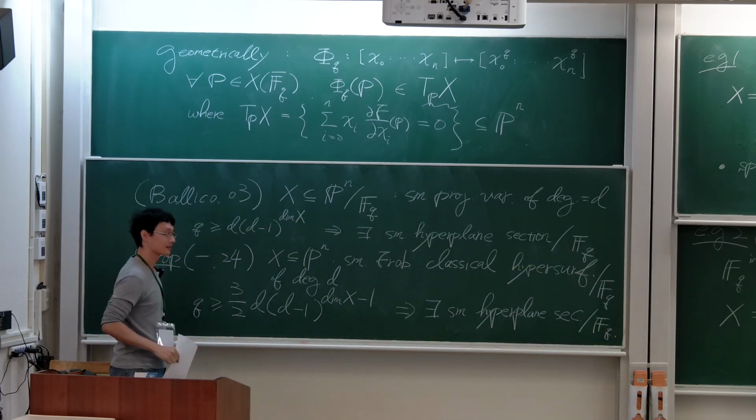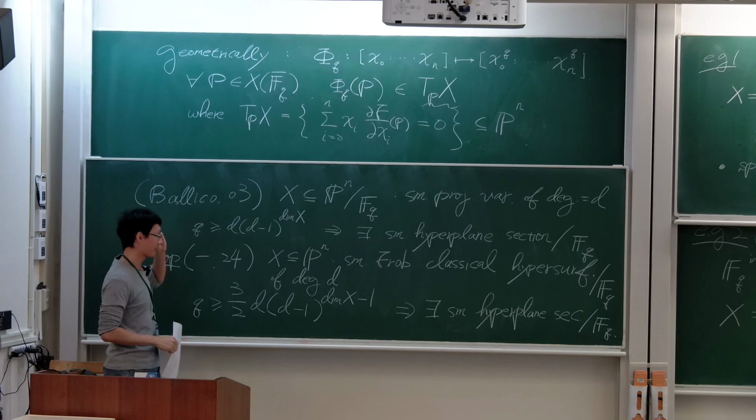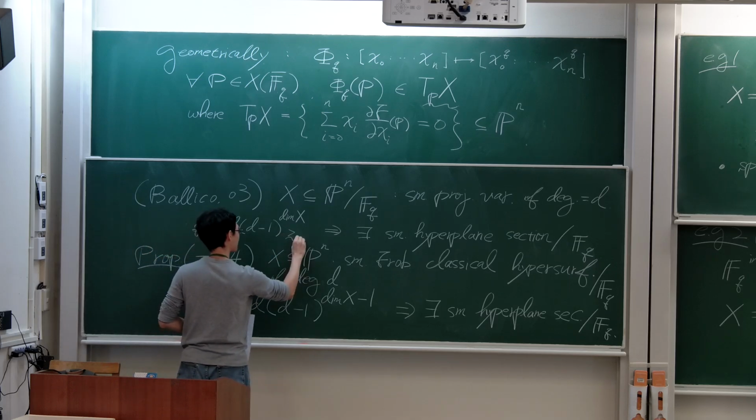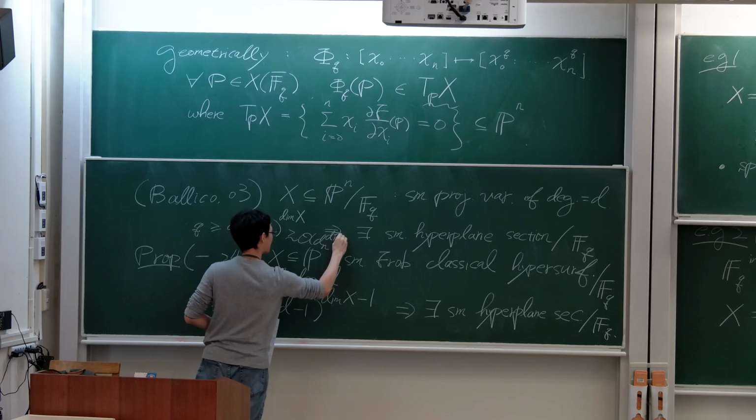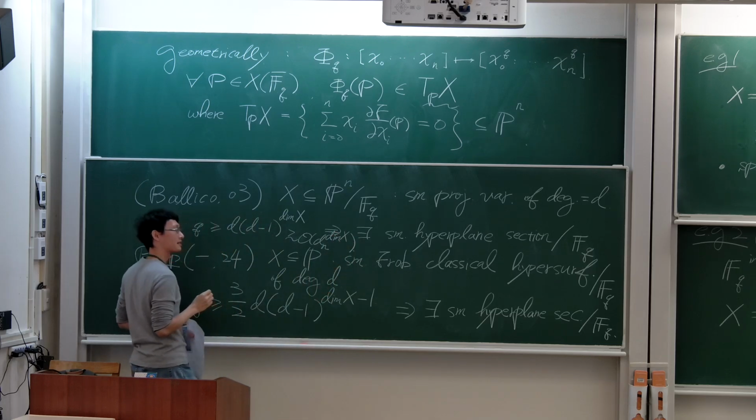This is some kind of refinement because in general you need q to be approximately d to the power of dimension plus 1 to get something smooth.